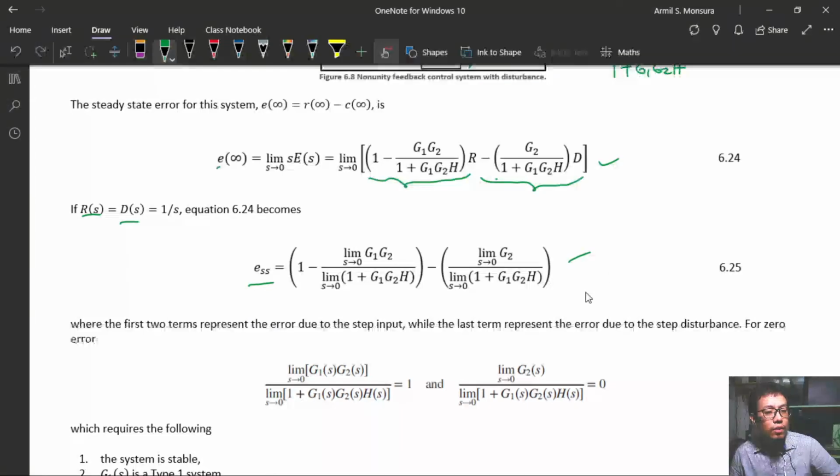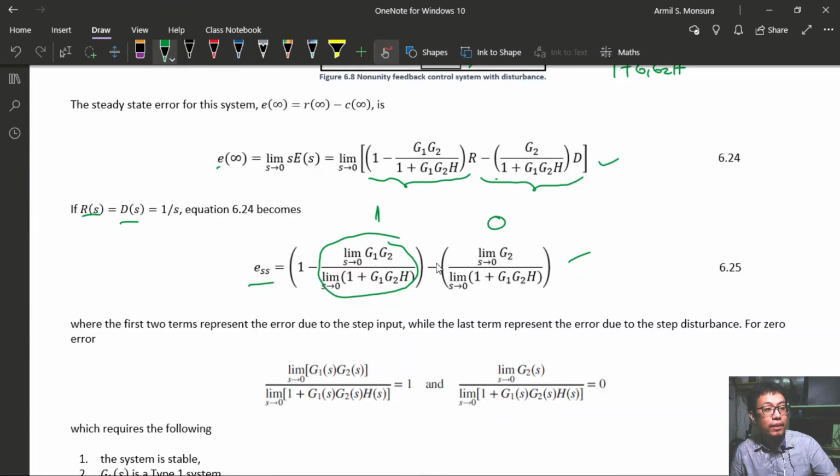Now, for your overall steady state error to become 0, we will have this term, which should be equal to 1 so that 1 minus 1 is 0. And at the same time, this other term should go to 0. So that it becomes 1 minus 1 minus 0, the steady state error is 0.